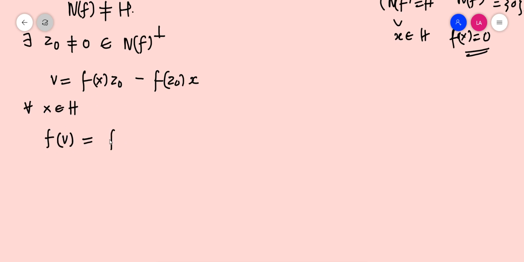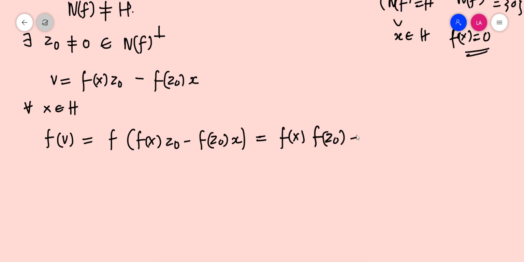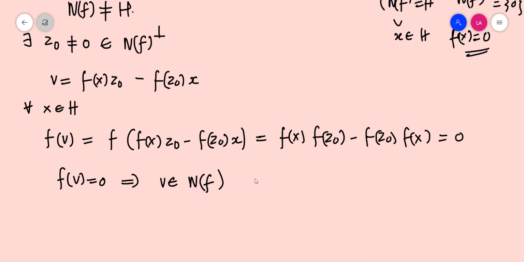We take f of v, which means we substitute f of x times z naught minus f of z naught times x. Since f is linear, we can take f of x times f of z naught minus f of z naught times f of x. So this is of the form a minus a, which should be equal to 0. So f of v is equal to 0, which means v is an element of the null space N f.